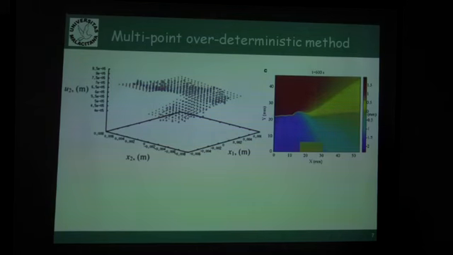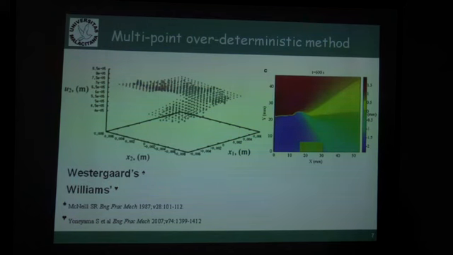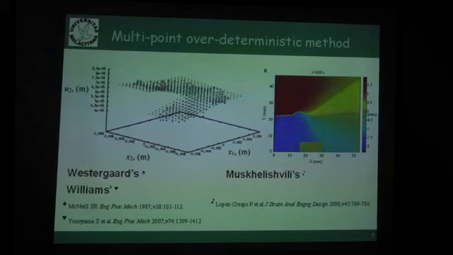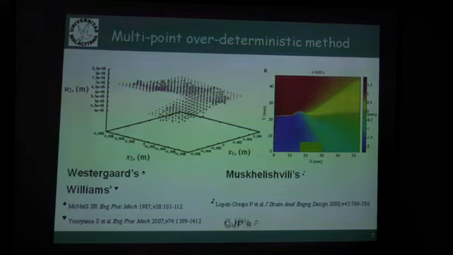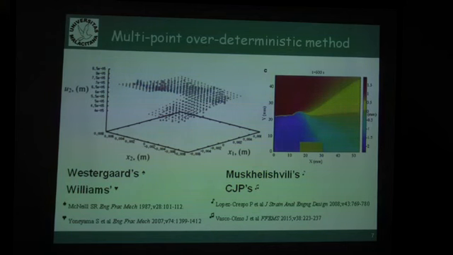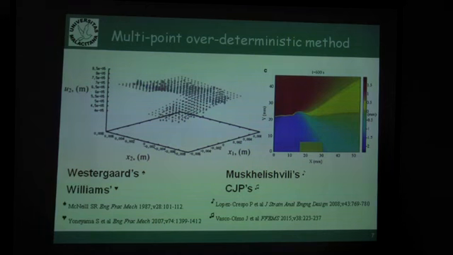Depending on the model, we can use Westergaard's solution, Williams expansion, the Muskhelishvili model, or more sophisticated approaches such as the Christopher-James-Patterson model, which can take into account not only the driving force but also retardation forces.